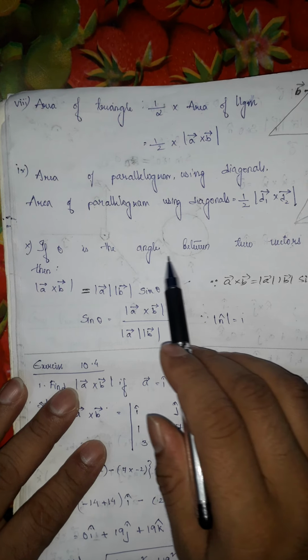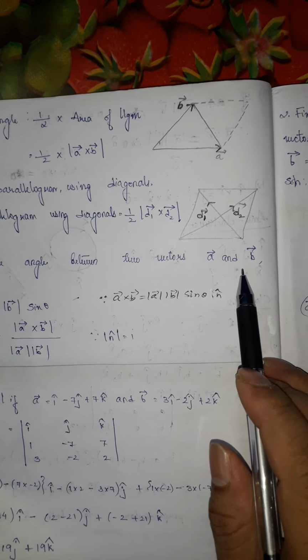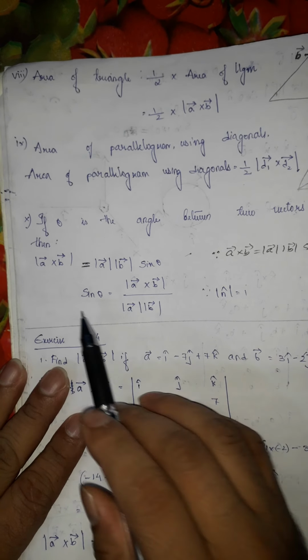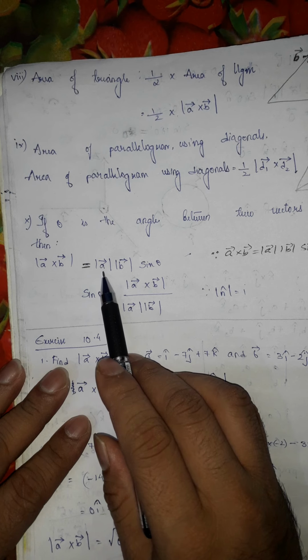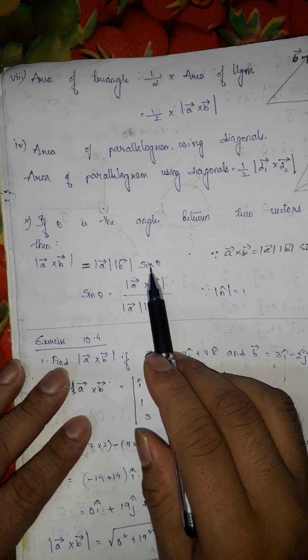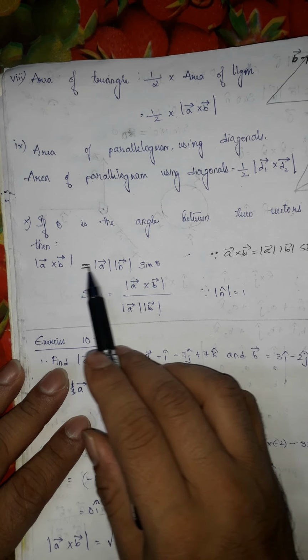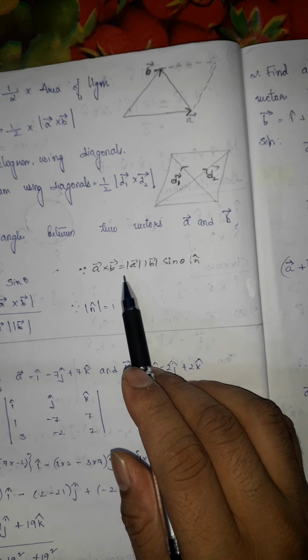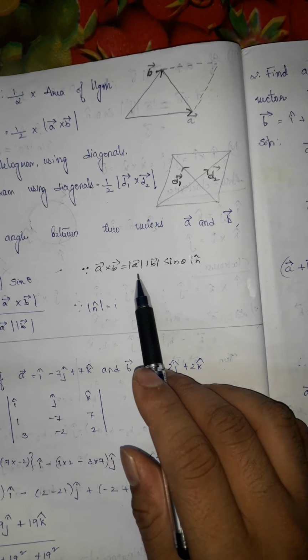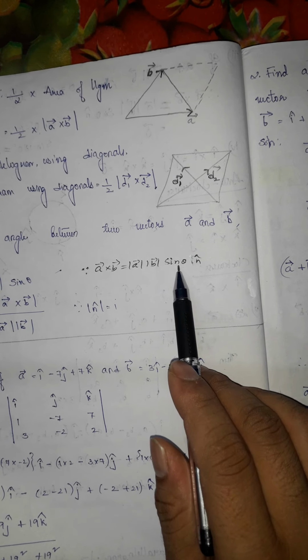If theta is the angle between the vectors A and B, then magnitude of A cross B will be equal to magnitude of A into magnitude of B sin theta. We get this from the definition of cross product of two vectors: A cross B equal to magnitude of A, magnitude of B sin theta n cap.